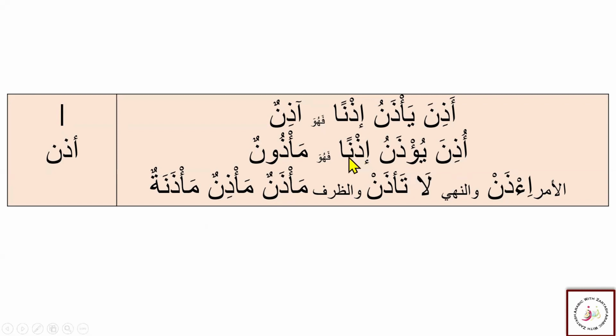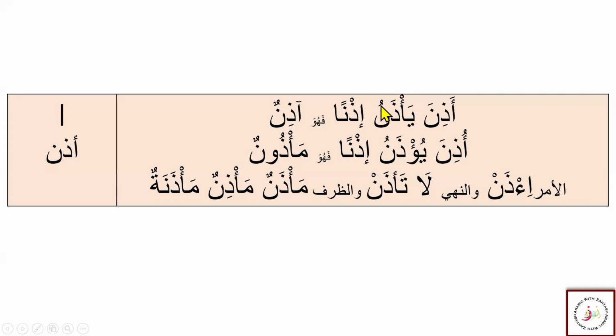Uzina yuzanu izan fahuwa ma'zunun. Al-amr: izan. Again, you should follow the rules of the fi'l amr, like it is made from the fi'l mudari' anta. The default sigha is anta.